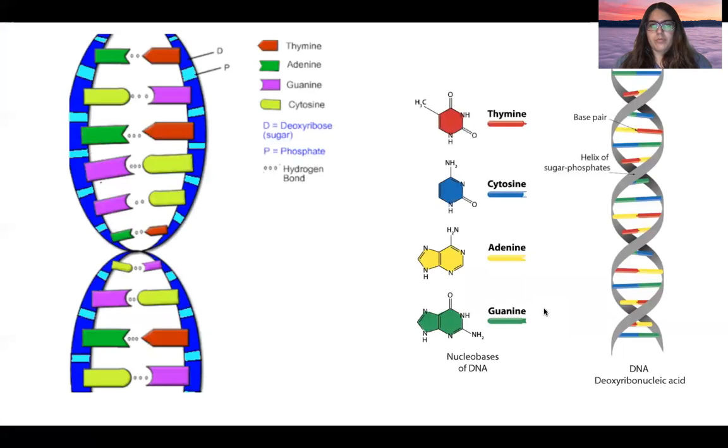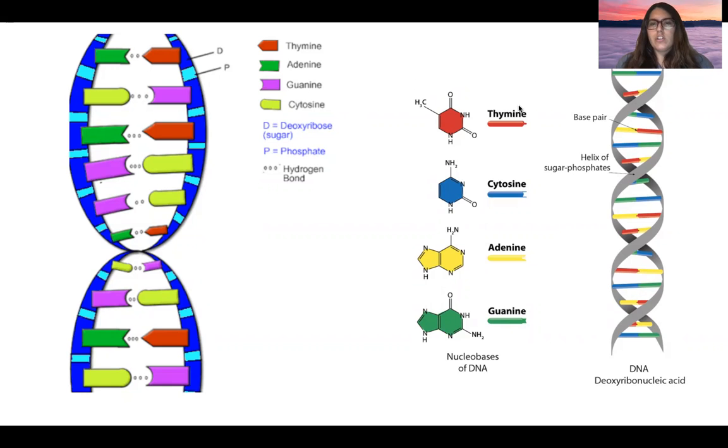So, recap here. Our DNA is double-stranded, right? So this double helix, double-stranded. So we know that it's a helix. And I'll talk a little bit in a moment about why it's called a helix. Why do we know it's double-stranded? Why do we know it looks like a spiral?